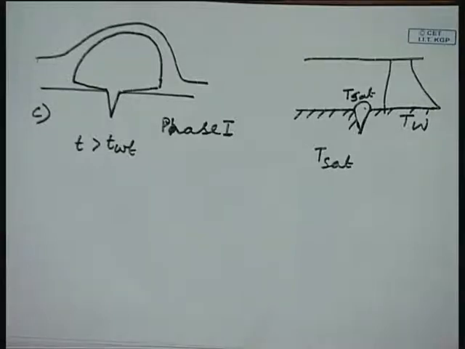The vapor growth, or the bubble growth, will be fast, and this we have learnt earlier, that in the inertia controlled regime, the bubble growth is faster. Why is it inertia controlled? Because as the heat transfer is very fast, heat transfer is not putting any sort of limitation on the bubble growth.